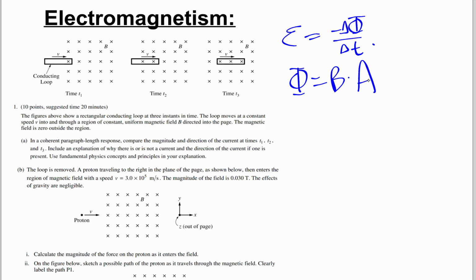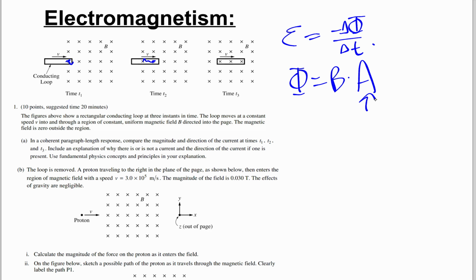Now, if I look at time t1, we're entering the field, okay? The field strength isn't changing, but as we enter the field, we have just a tiny bit in the field, but as we go in more and more, we're increasing area, and we're increasing it at a constant rate, okay?